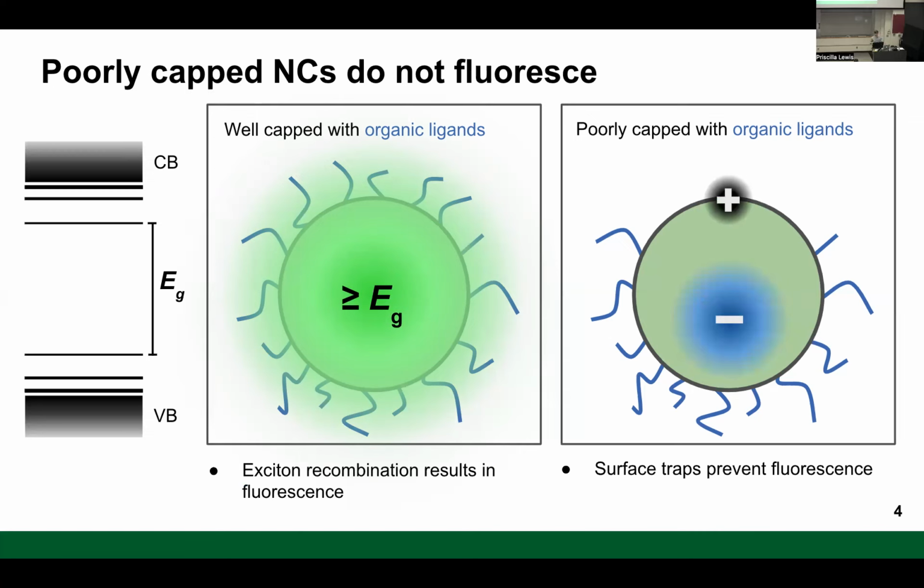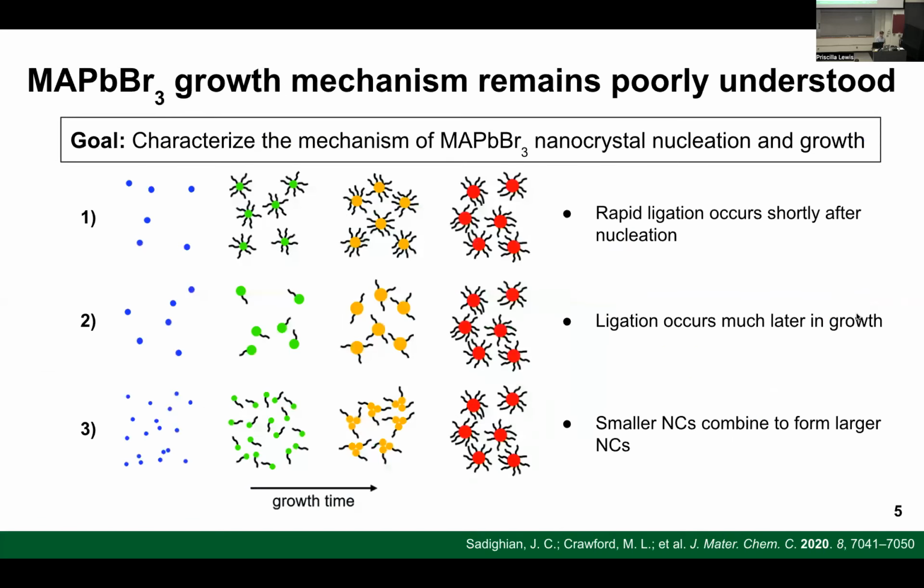Now, the problem with being localized on this surface trap is that our charge carriers cannot recombine. This means that our poorly capped nanocrystals do not fluoresce and do not show up in our fluorescence measurements.